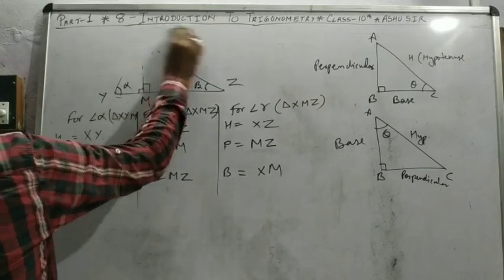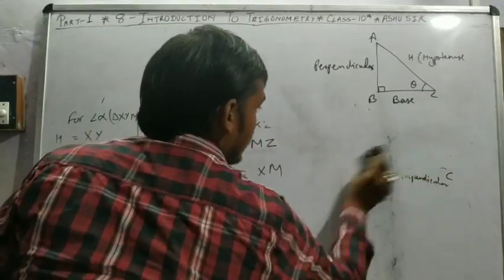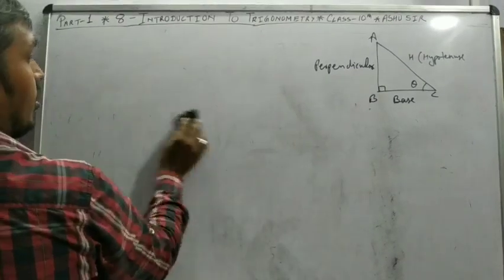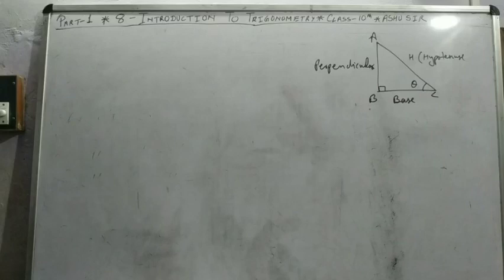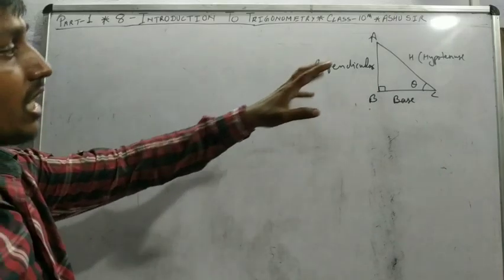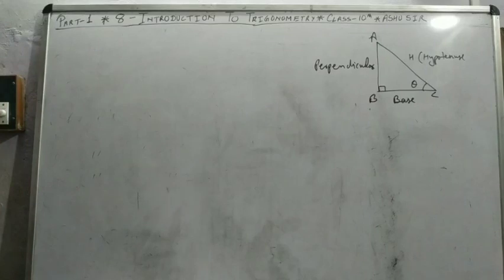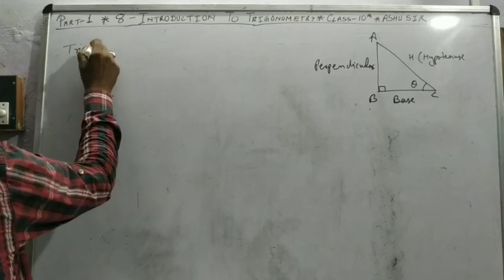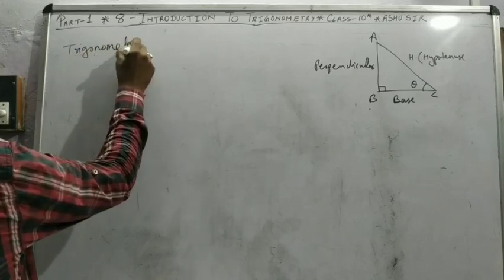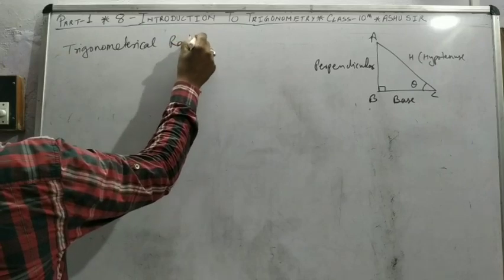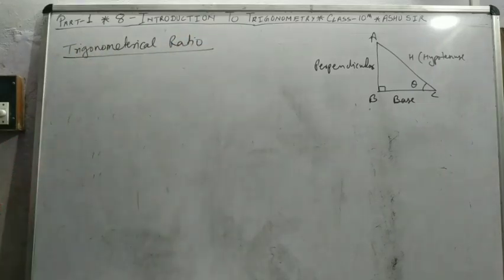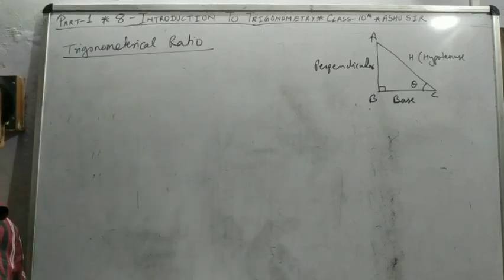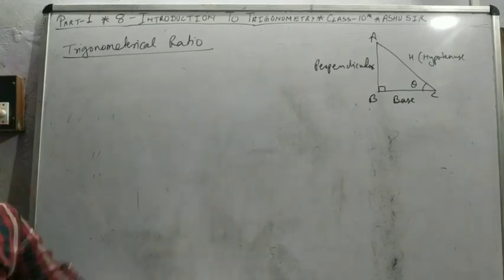So in right angle triangles, for all triangles, there are some trigonometrical ratios, which define the ratio of the sides and also the relationship between the angles and the sides.